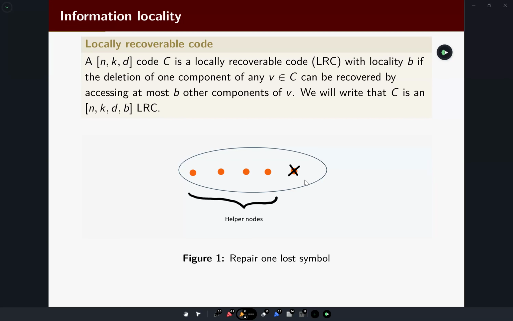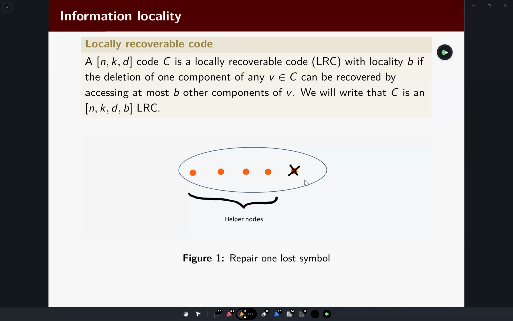So we can use sets and points to represent what is a code word and what is the connection between its entries. In this case, we can imagine our code word to be a set, for example, and if we have 5 dots, this means that the code word has 5 entries, and the locality means that each point in a set can be recovered by looking at the other elements.